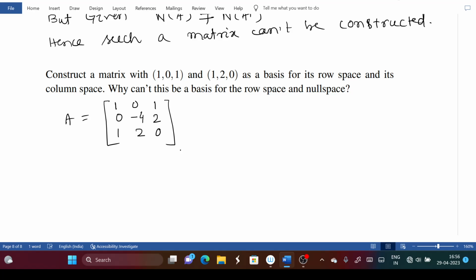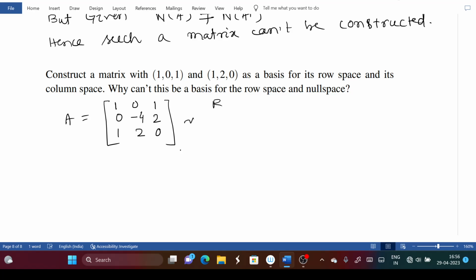Row reduced echelon form. Let us find out. This is, I want that it is a basis, means the dimension of row space and dimension of column space must be 2. That means this vector should be linearly dependent on these two rows.